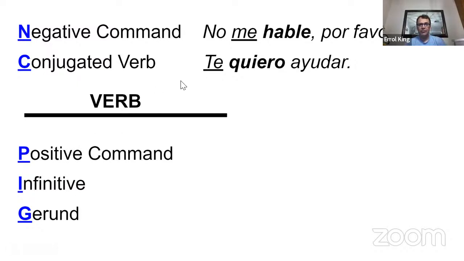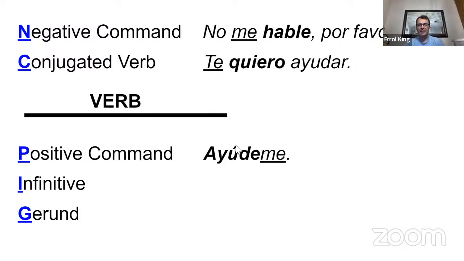Now, the rest of these, we're going to put the pronoun after. Note, as we put it before, those are two separate words. But now that we're putting the pronoun after, it's going to be attached to the word. So a positive command: ayúdeme. Help me. We tacked the pronoun onto the end of the command form.